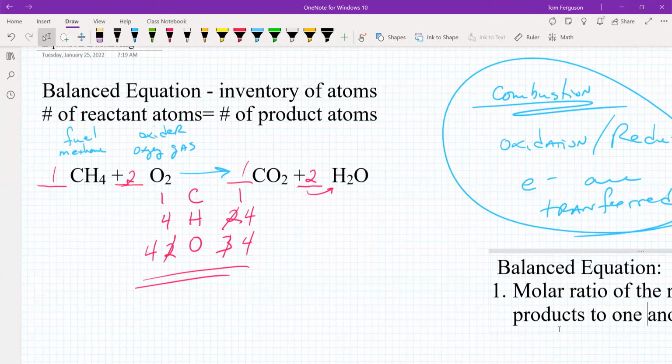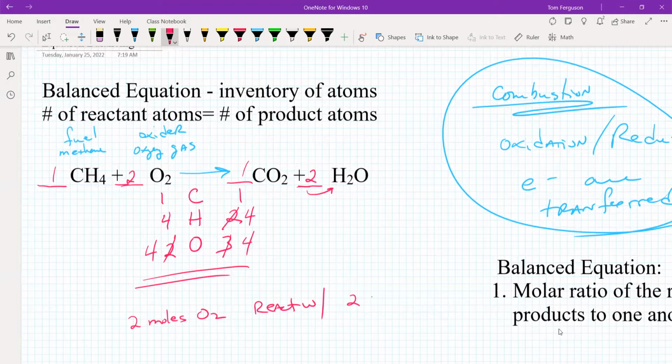What do I mean by that? That means, for example, that two moles of oxygen gas reacts with 2 moles of water because the coefficients are 2 to 2, or 1 to 1 since they're equal.